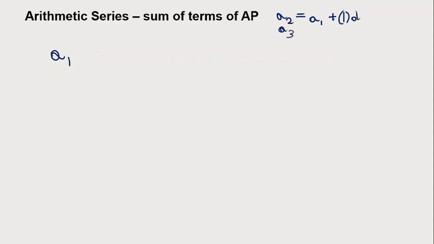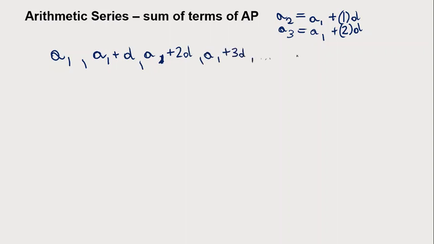In this case, A3 is the first term plus 3 minus 1, which is 2, multiplied with the difference, etc. So I can write the sequence as A1. After A1 I have A1 again plus 1 difference, and then I will have A1 plus 2 differences, then A1 plus 3 differences, etc. until I reach some last term.